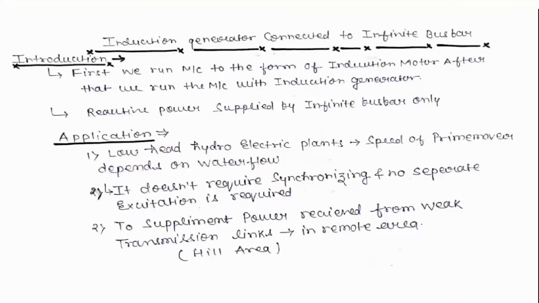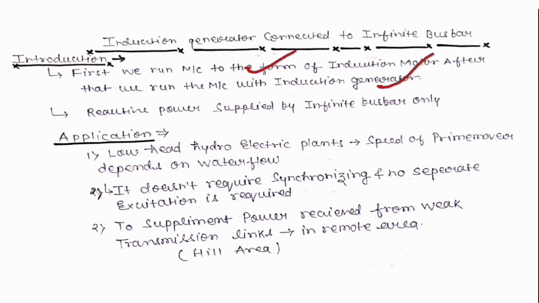Now we are going to understand the first type of induction generator, that is induction generator connected to infinite bus bar. In the introduction we see we first run the machine in the form of an induction motor. After that we run the machine as an induction generator.